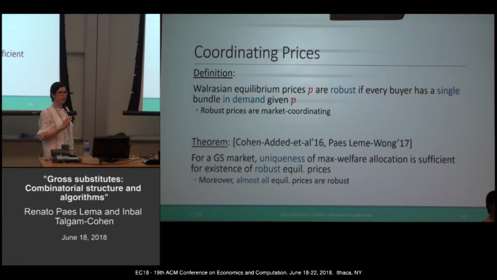And here's the theorem that I was mentioning that I think is pretty fundamental. If you have a GS market, uniqueness of the maximum welfare allocation is sufficient for the existence of robust equilibrium prices. We already saw it's necessary, but this theorem says it's sufficient. It even says more, almost all equilibrium prices are going to be robust.